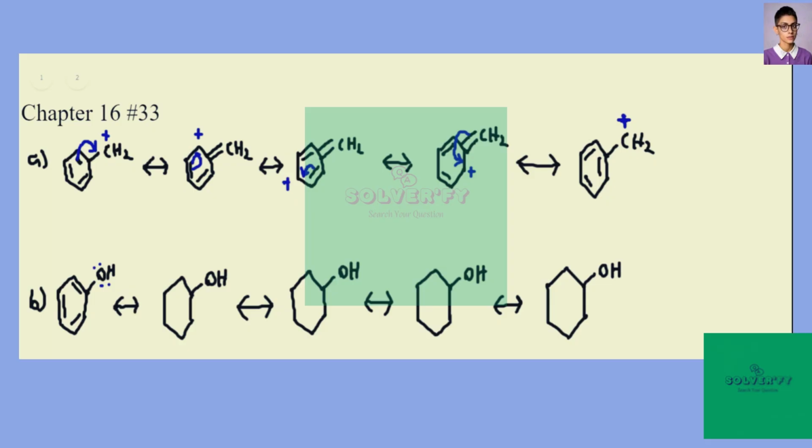Okay, so then for B, we have phenol. To begin, one of the lone pairs on the oxygen of phenol can add in here. That's going to cause the electrons of this double bond to move.